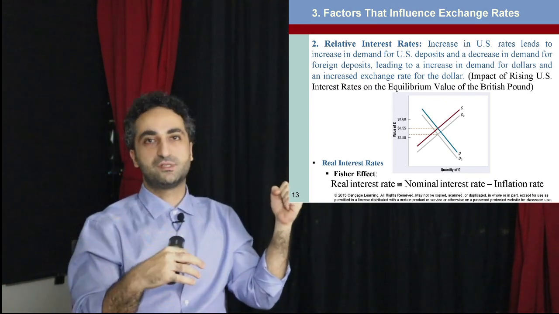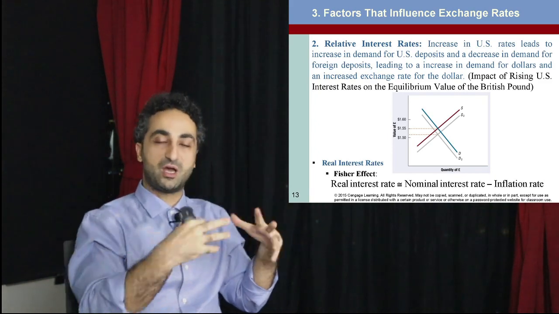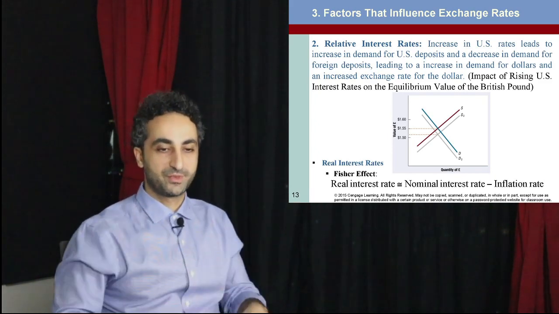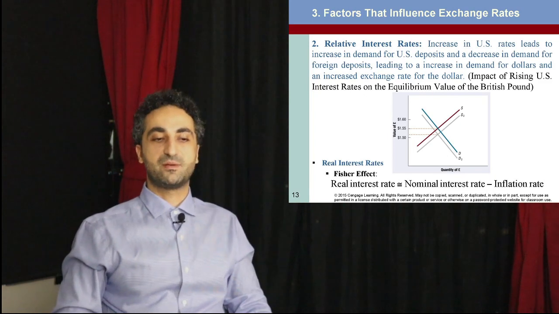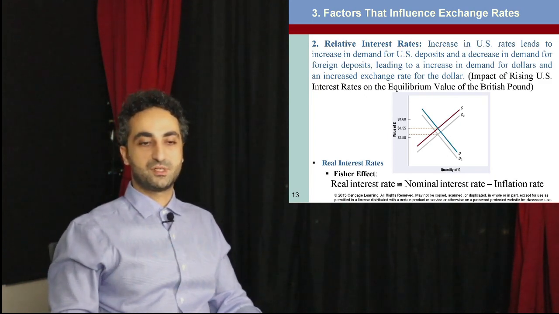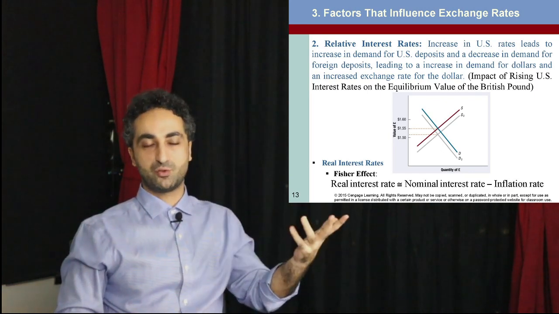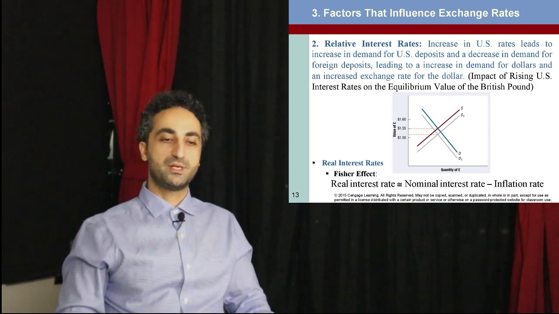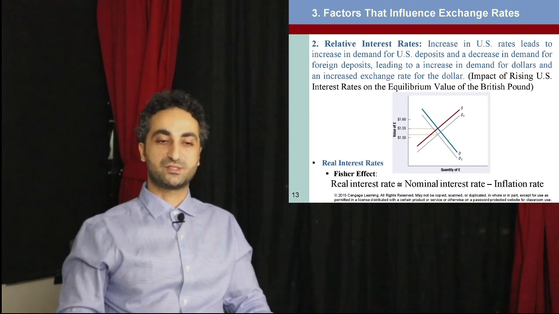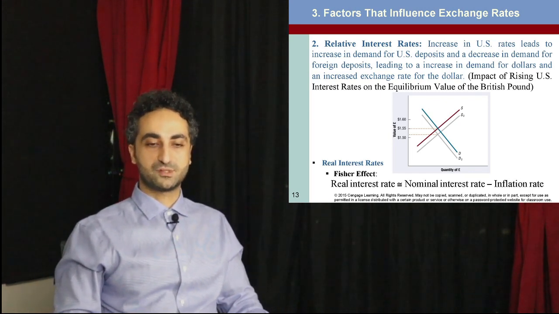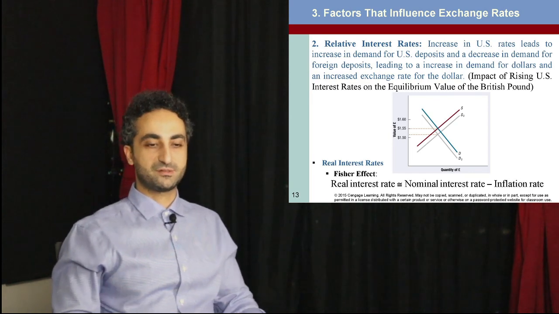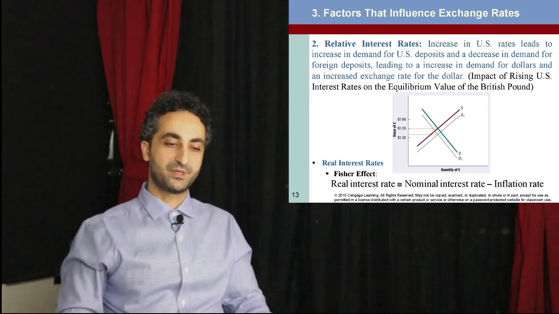Everyone wants USD. Why? Because we want a higher interest rate, and there is a decrease in demand for foreign deposits. So what about our currency? The opposite, because we want USD, leading to an increase in demand for the dollar and an increased exchange rate for the dollar, of course. Impact of rising US interest rate on the equilibrium value.